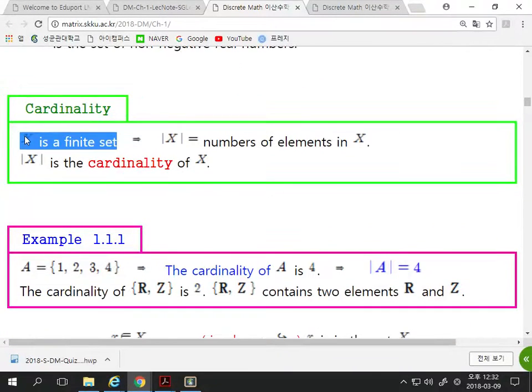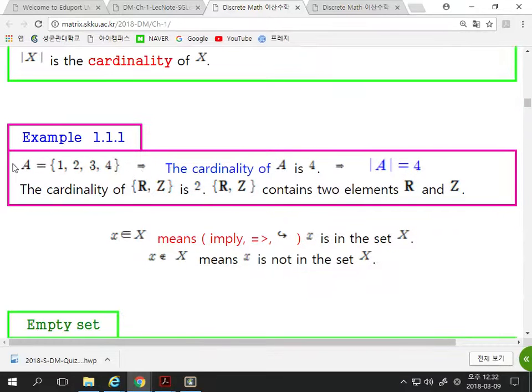When you count the number of elements in a set, we use this notation. If X is a finite set, then the cardinality of X means the number of elements in the set X. We read it as the cardinality of X. In this case, the cardinality of A is 4 because it has 4 elements in it.